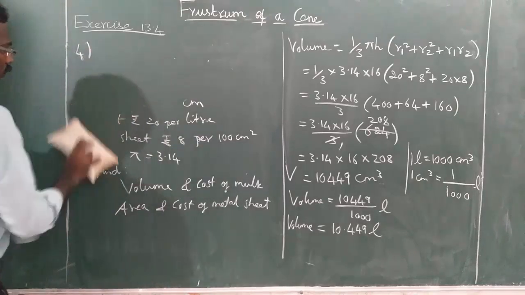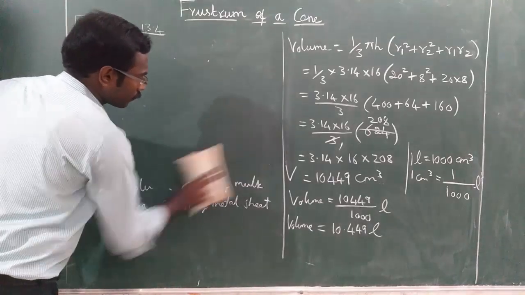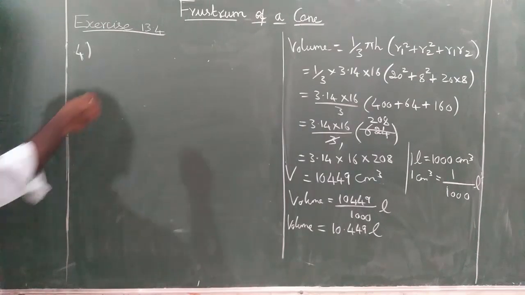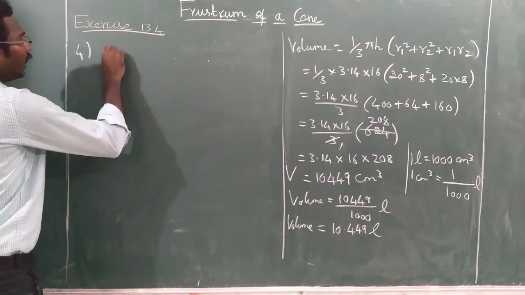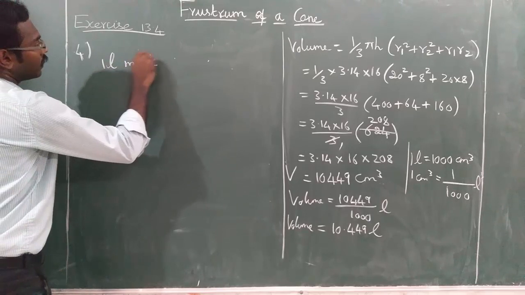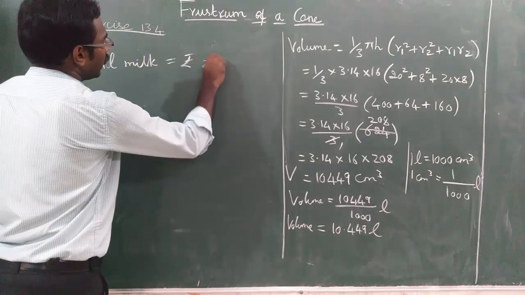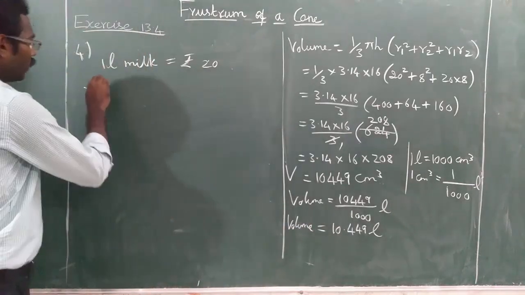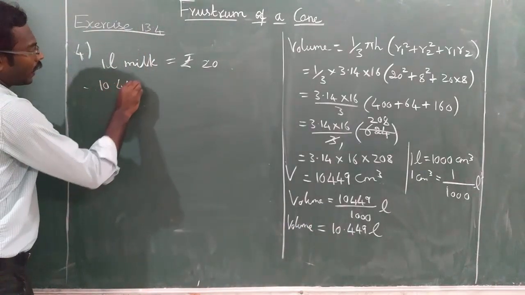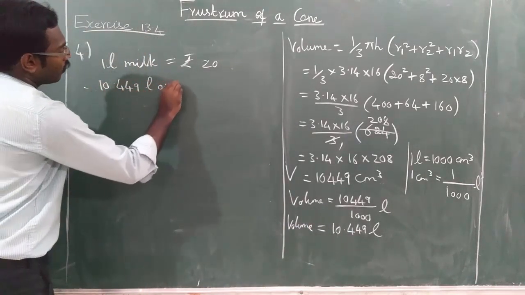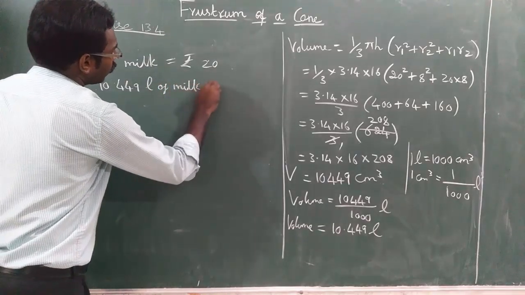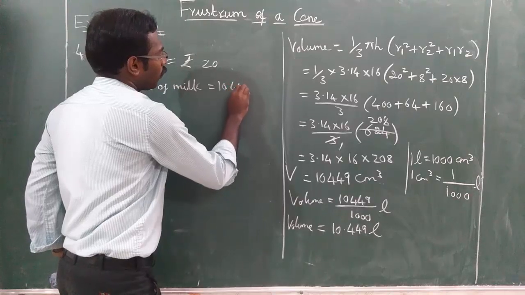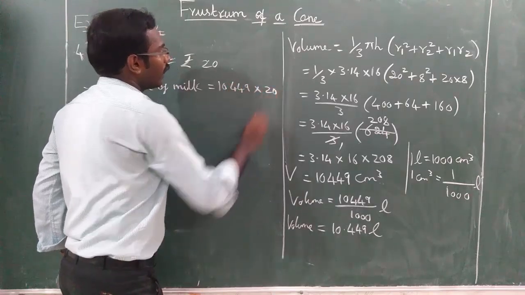Now let us find the cost of the milk. One liter of milk is equal to ₹20. Therefore, now how many liter? 10.449 liters of milk is equal to, you multiply this, 10.449 into 20.